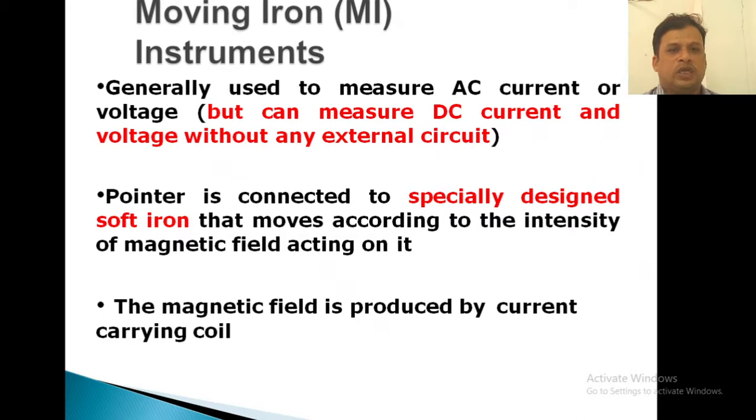It is used to measure AC or DC current or voltage. Here the pointer is connected to a specially designed soft iron that moves according to the intensity of the magnetic field acting on it.